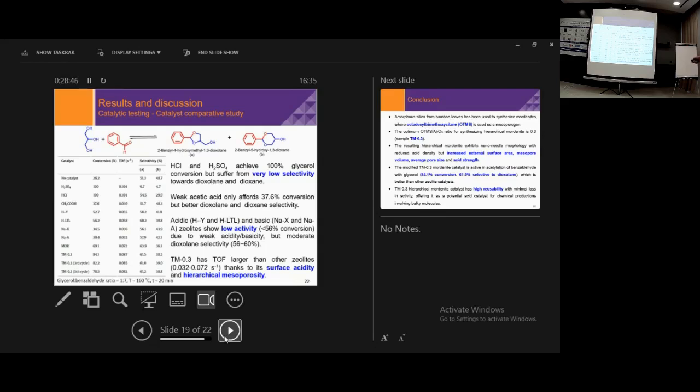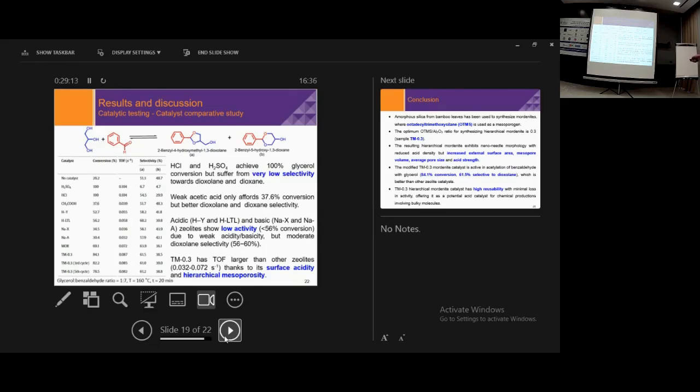So among all these catalysts, we can see that hierarchical microporous, mesoporous TM0.3 shows the best conversion, and this is the turnover frequency. You can see it shows very high, which is higher than the other catalysts here. So the high activity can be explained by its surface acidity and also hierarchical mesoporosity.